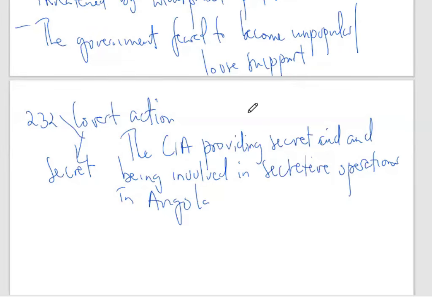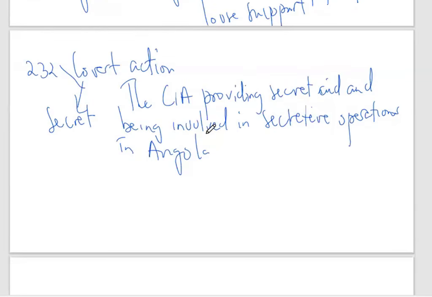They did not want people to know that the USA was actively involved in Angolan politics. So whatever they were providing to Angola, whether financial aid or military aid, they would smuggle it through the DRC to hide it from people knowing that American planes were bringing in some military equipment to Angola.